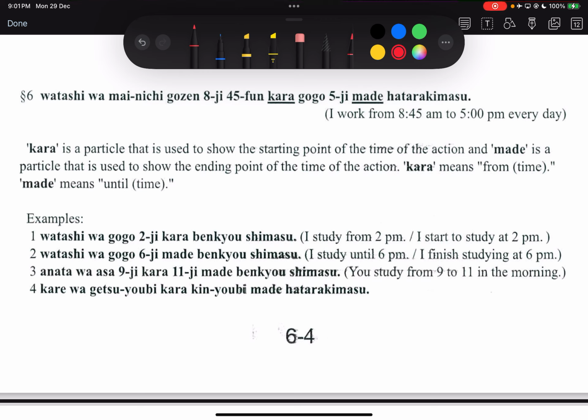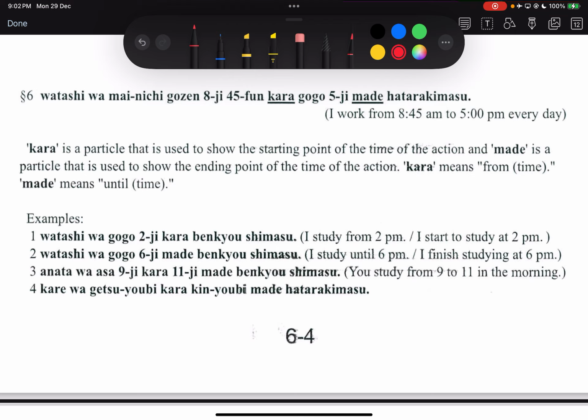So for me, from afternoon 2 o'clock, I study. This is what it literally is saying. Number 2. 私は午後6時まで勉強します. So for me, until afternoon 6 o'clock I study. That means I study until 6 o'clock in the afternoon.